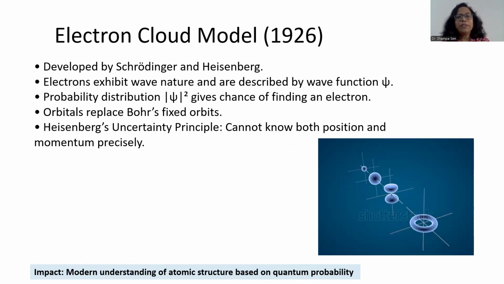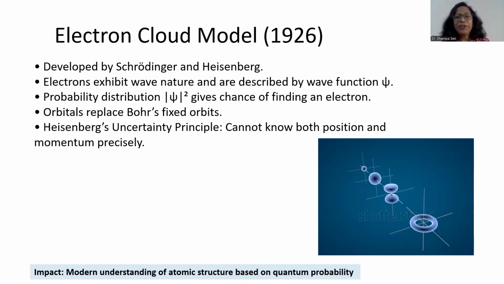Then Heisenberg's uncertainty principle tells that we cannot know simultaneously the position and momentum of an electron with certainty. Say we are trying to know the position of the electron precisely, then the determination of momentum will go far away from accuracy.